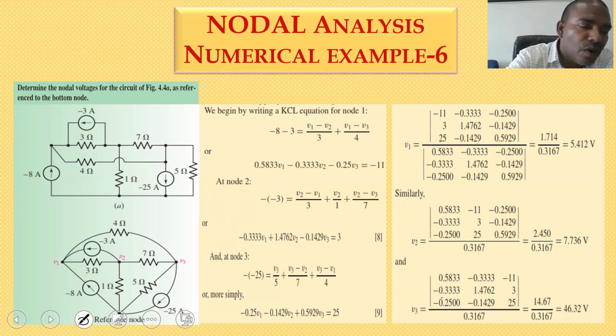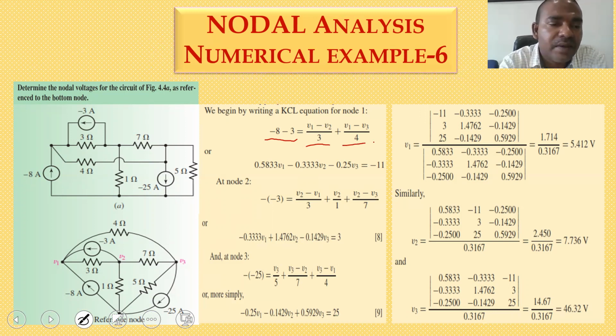For the first node, how many branches are connected? 1, 2, 3, 4 branches are connected. 2 are current sources, 2 are resistors. So minus 8 minus 3 is equal to (V1 minus V2) by 3 plus (V1 minus V3) by 4. This is your first nodal equation.